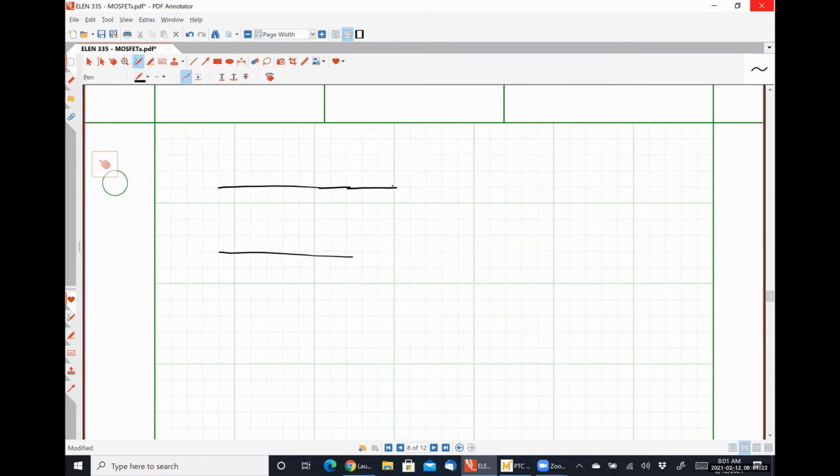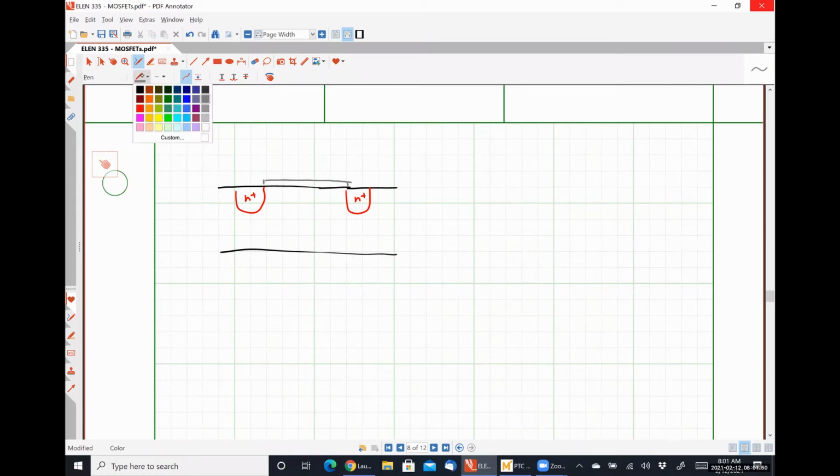Let me make it a little longer, actually, just in case we need it that way. And here's my polysilicon gate.